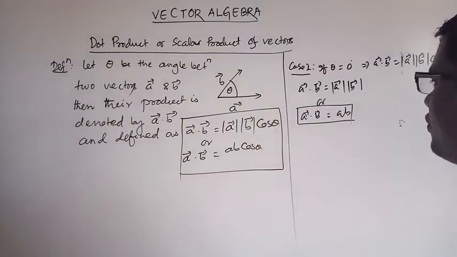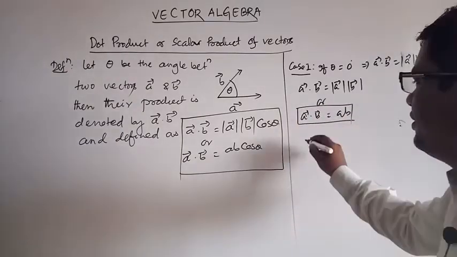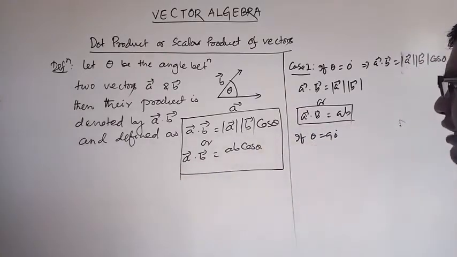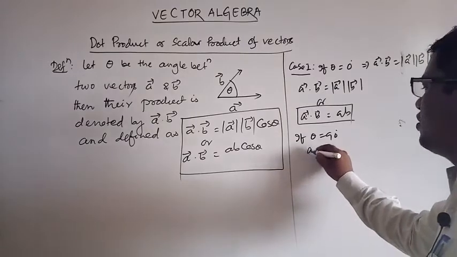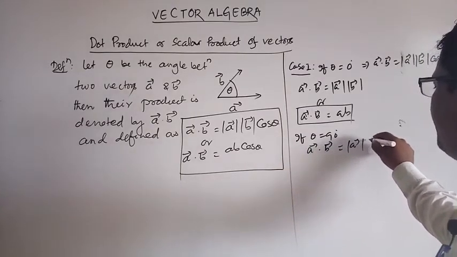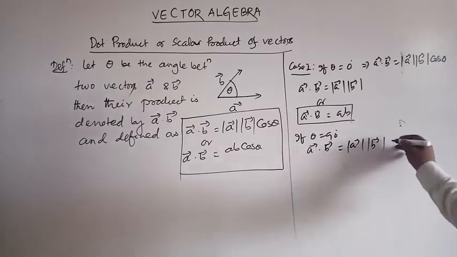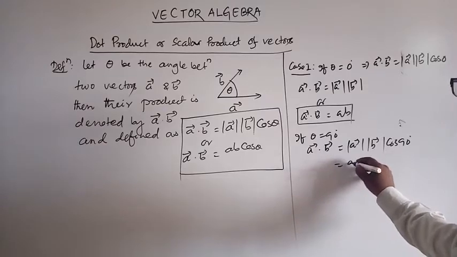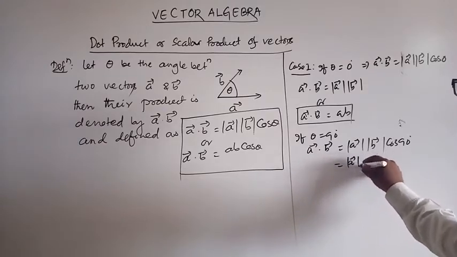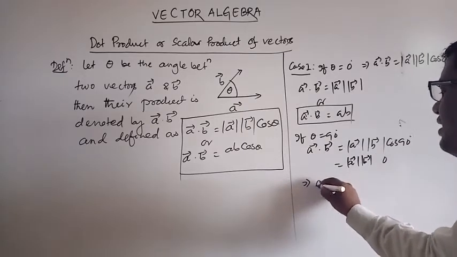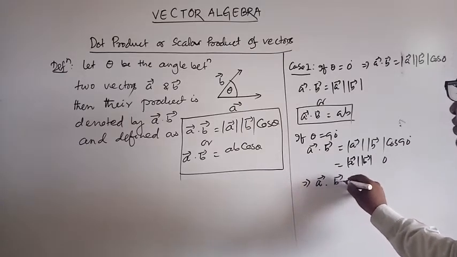Case 2: if theta is equal to 90 degree, then what happens here? A dot B is equal to magnitude of A into magnitude of B into cos 90 degree. Cos 90 value is 0. So that implies A dot B is equal to 0.